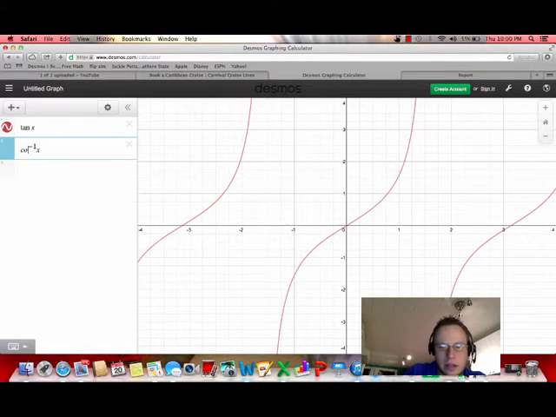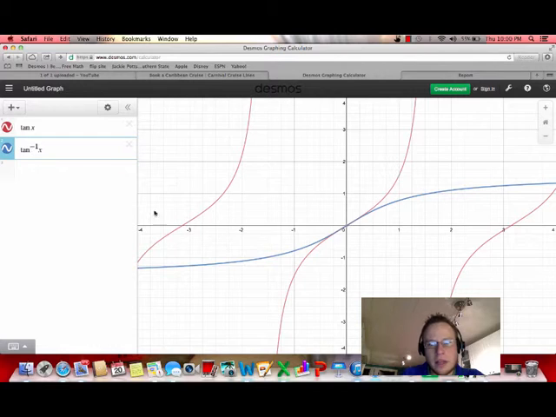And then tangent actually looks a little interesting. Tangent, see how we have the asymptotes here and here? That is actually our asymptote for the y values here. It's the x values for the red. It's the y values for the blue.